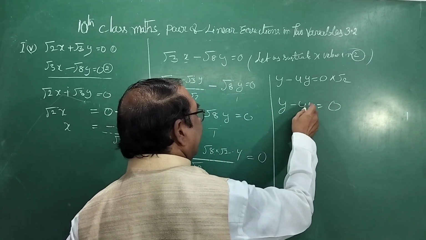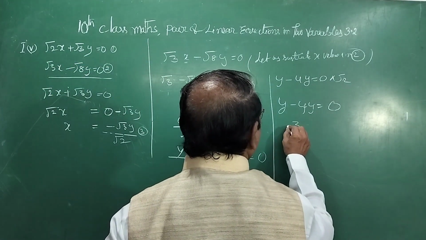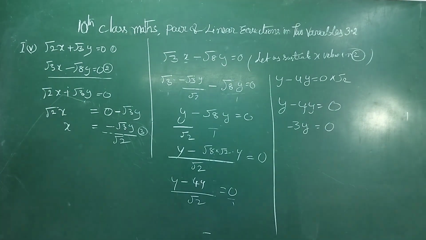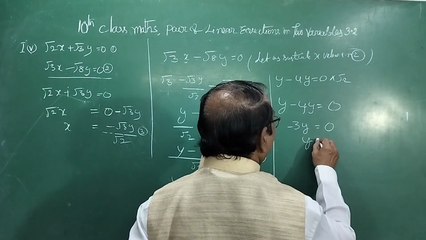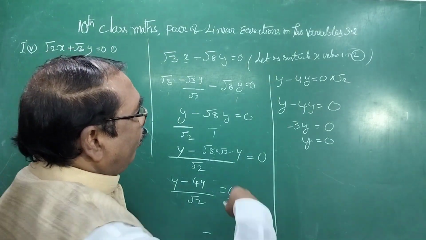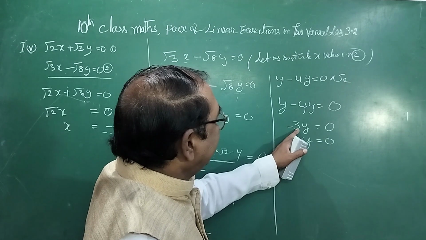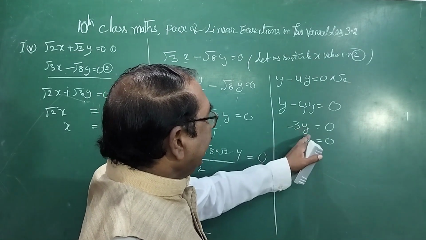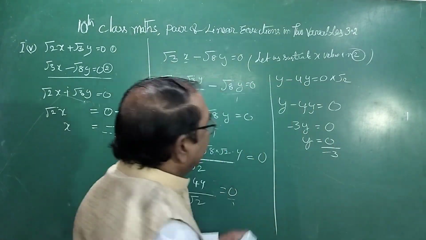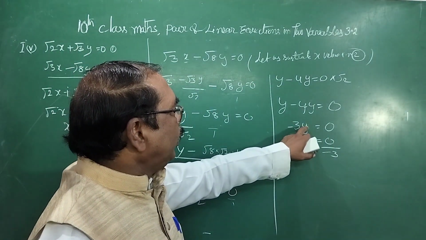Therefore, y minus 4y will be minus 3y, which is equal to 0. Let us find the y value. Minus 3 into y: when the multiplication goes to the other side, it becomes a denominator.